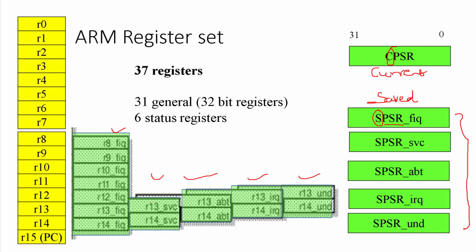There are 5 privileged modes of operation. A total of 5 special modes are there, and each special mode will have one saved program status register. We'll see this in detail after some time. All these registers are of 32 bits.